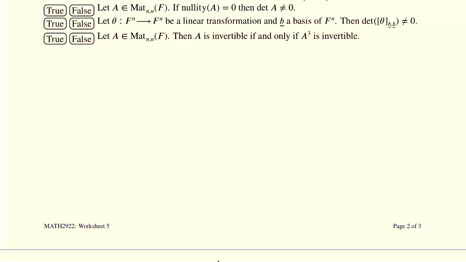So here we're trying to work out the determinant of this guy, and we know those other two determinants that you can see on the screen.